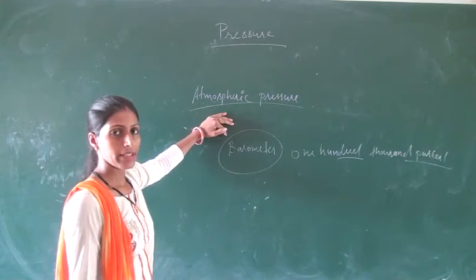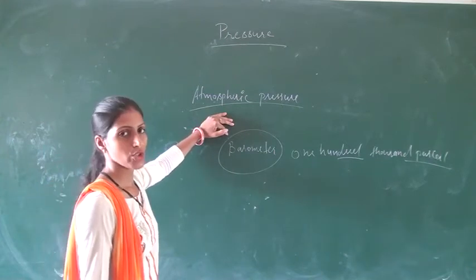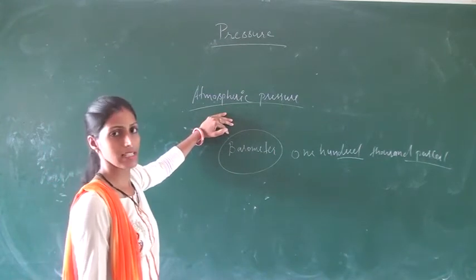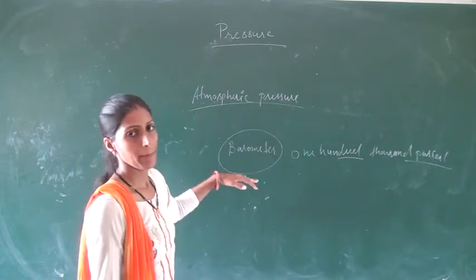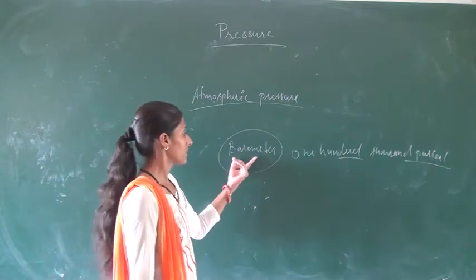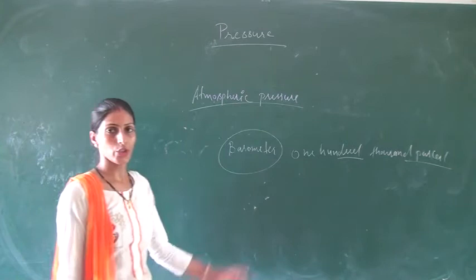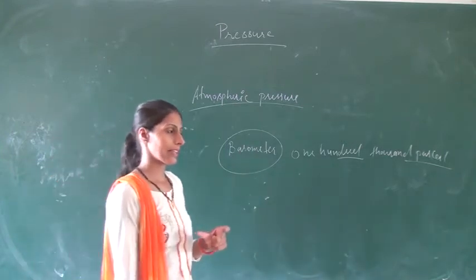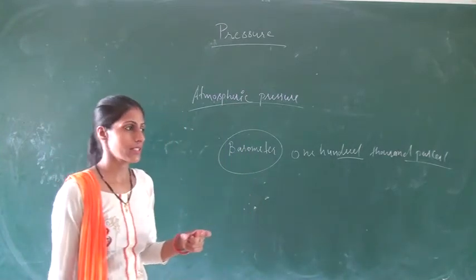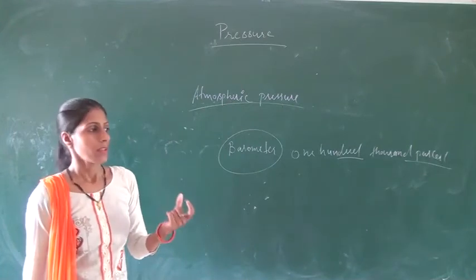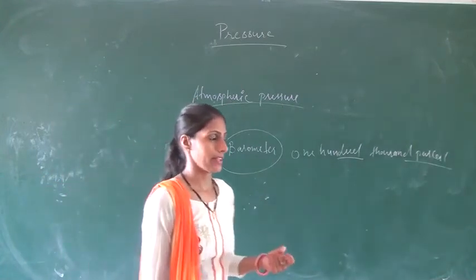What is a barometer? A barometer is a glass tube that contains a liquid, which is mercury, and the level of the mercury decreases or increases due to the air pressure.